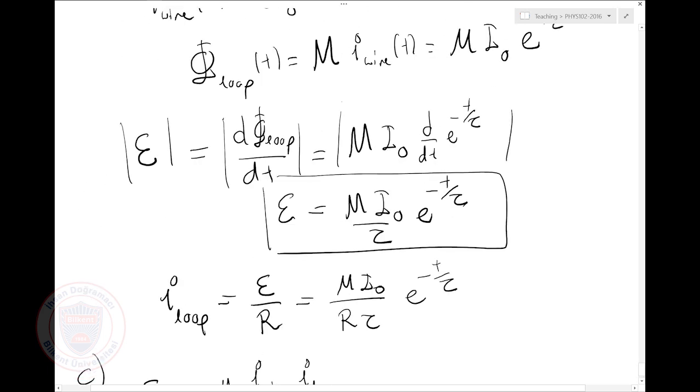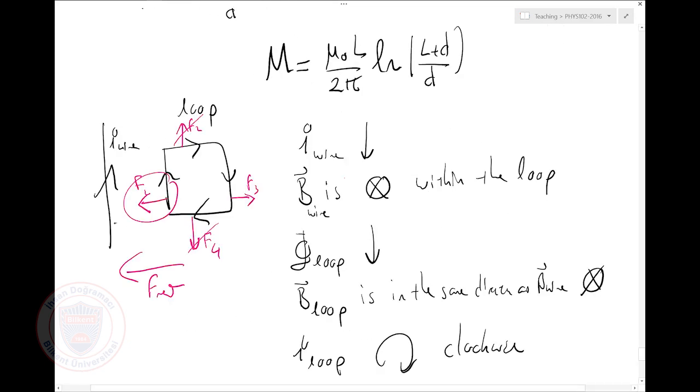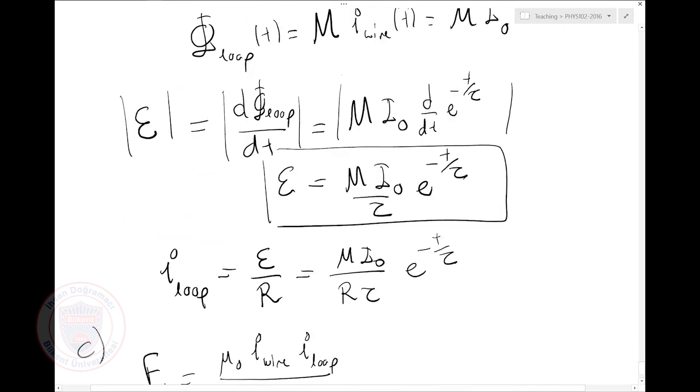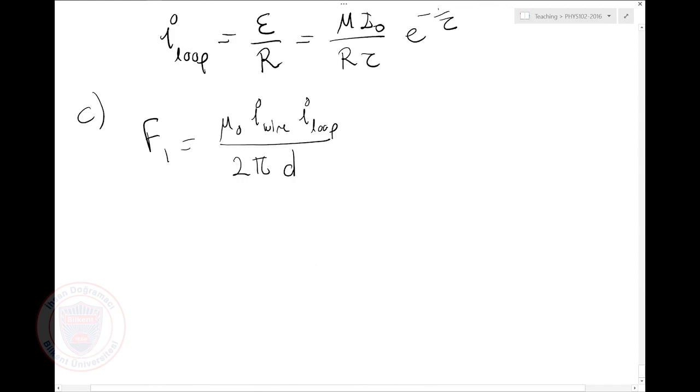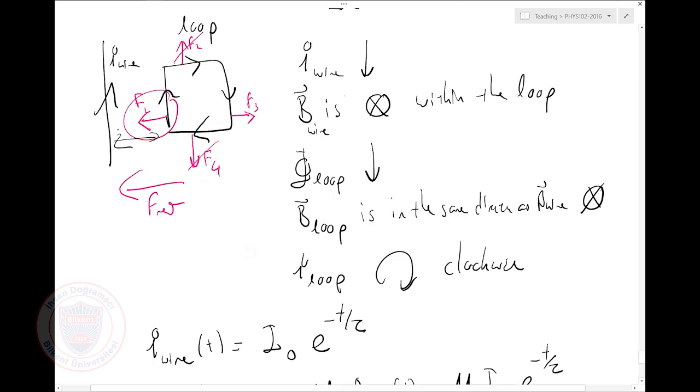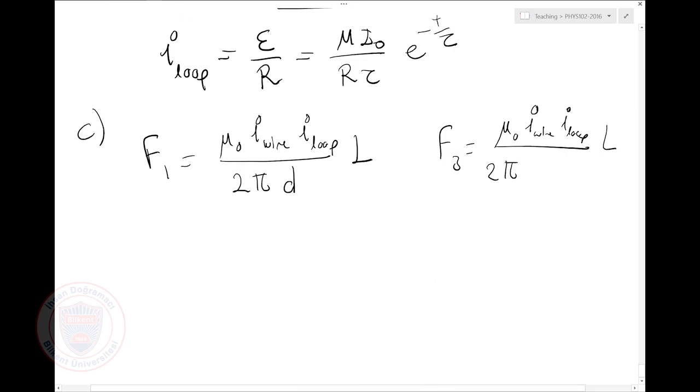The distance between the left-hand side and the wire is D. And I have to multiply this by the side L. F3 would be practically the same thing, times L over 2 pi. But now the distance from the wire to the right-hand side of the loop is D plus L.